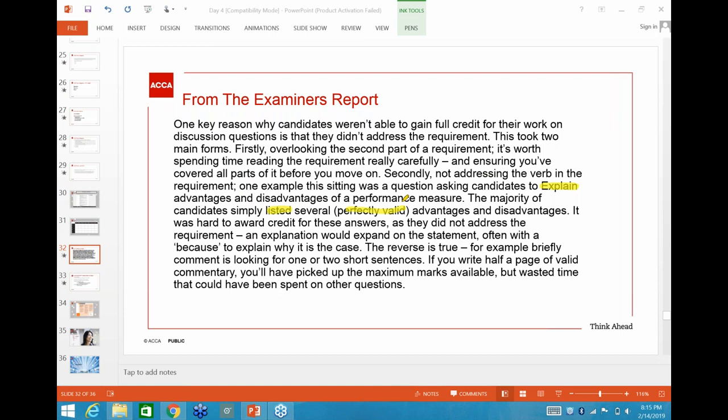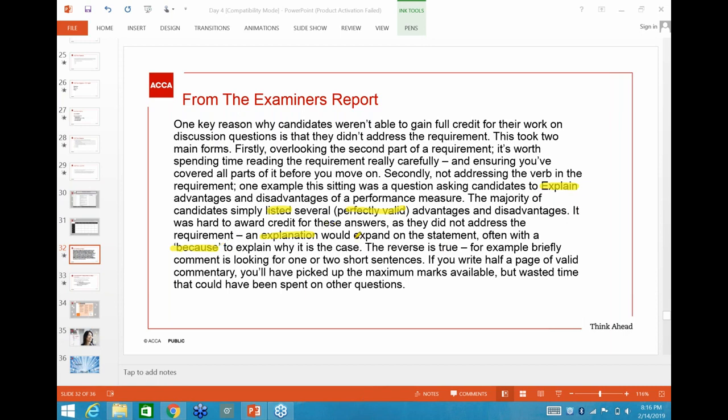Okay, but it was hard to award credit for these answers as they did not address the requirement. An explanation would expand on the statement, often with a because, to explain why it is the case. So take these little things into account, guys. This is exam tips, exam technique.